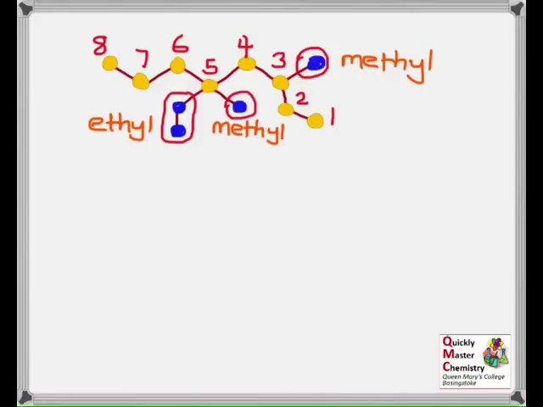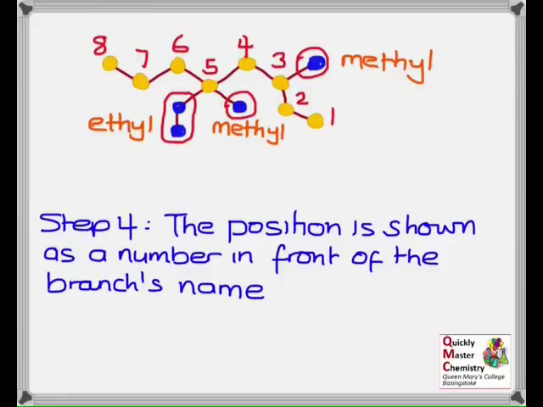So how do we actually show in the name which carbon the branch is attached to? The next step is that you put the number of the carbon the branch is attached to in front of the branch's name. Let's look at that in practice. So with the methyl group attached to carbon 3, we write 3-methyl to show that it's a 1-carbon branch attached to carbon 3 of the longest chain.